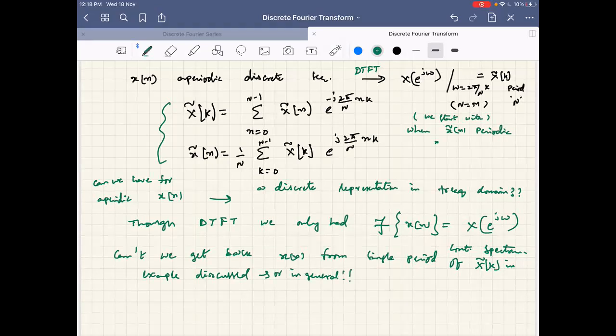Fine. If we can get back x of n from just one period of x tilde of k, which we may refer to as x of k, what is the need for continuous representation? There is no need, right?